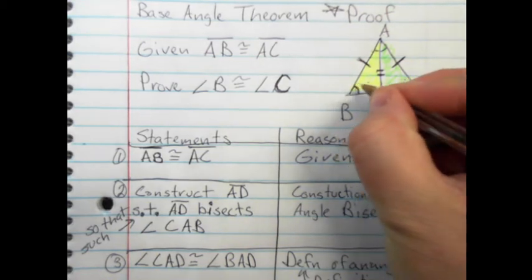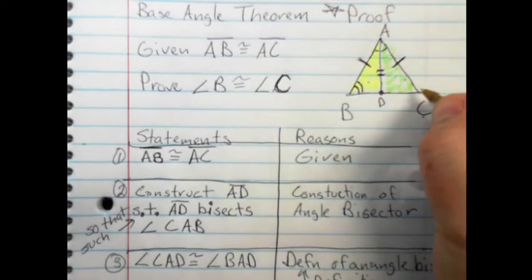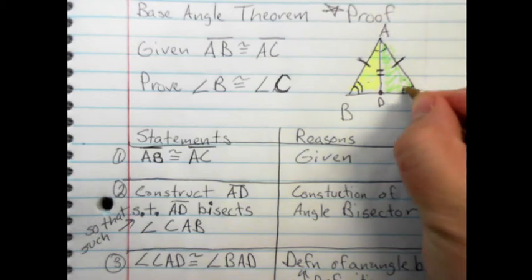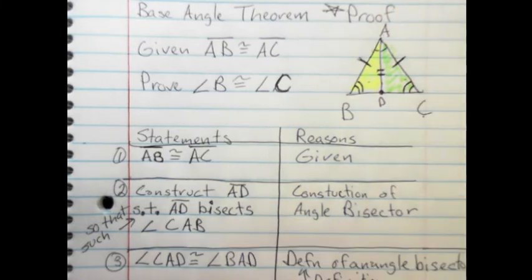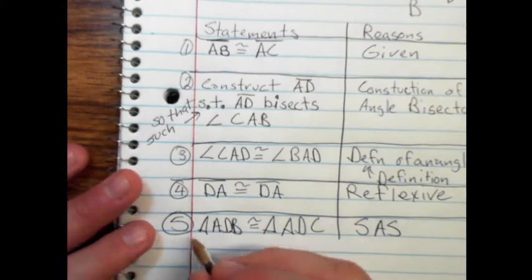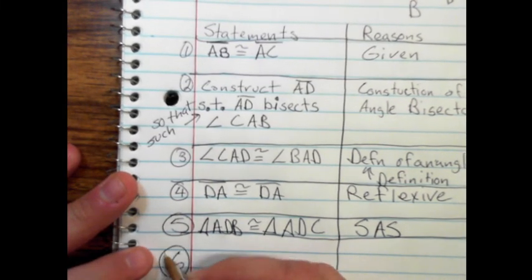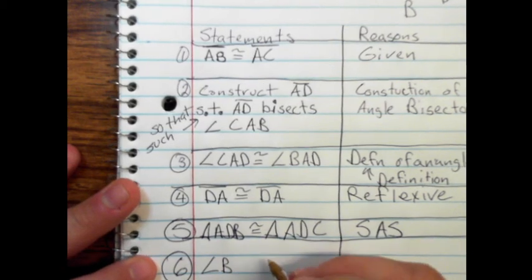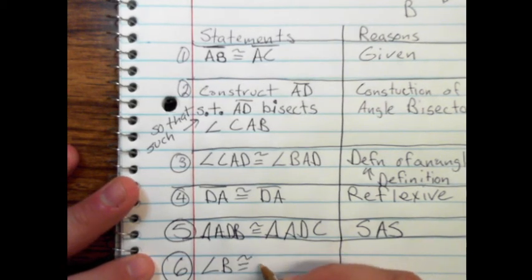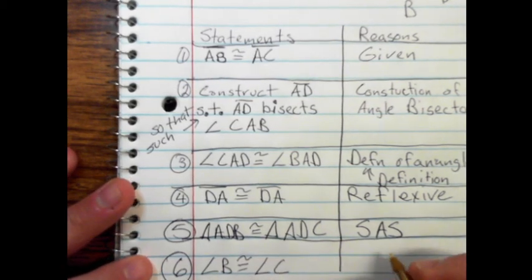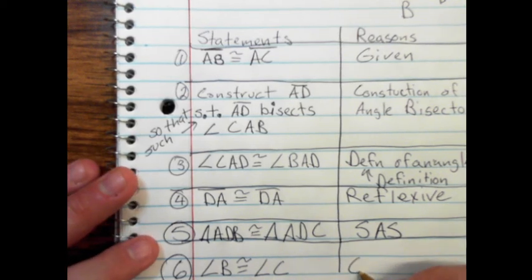So this angle of the triangle has to be congruent to this angle because I've proven congruence. And so what we would say finally for step 6 is angle B is congruent to angle C, and the justification for this is CPCTC.